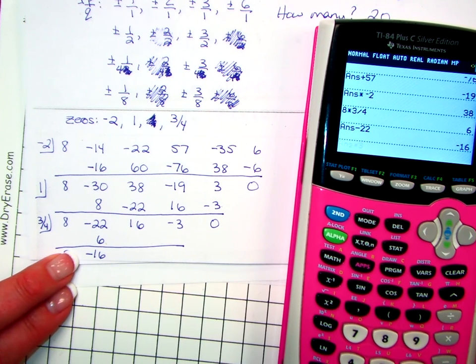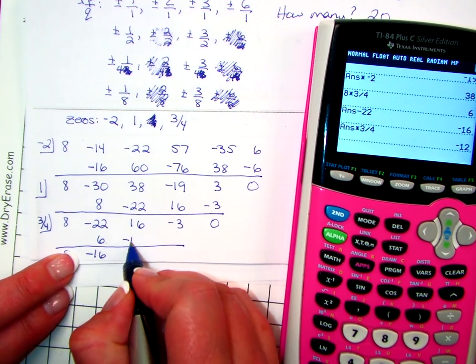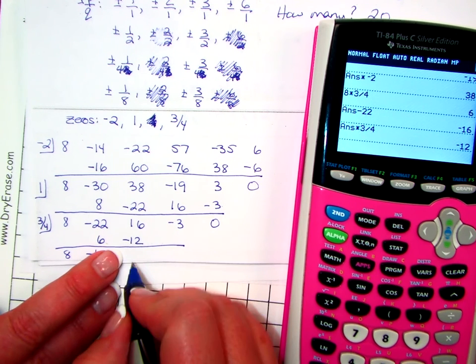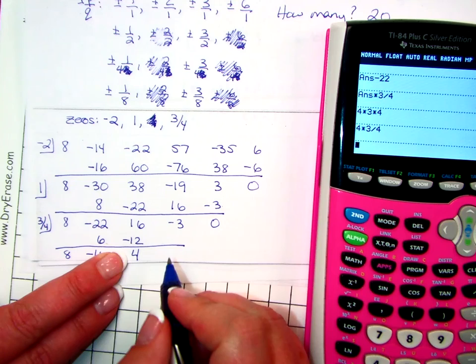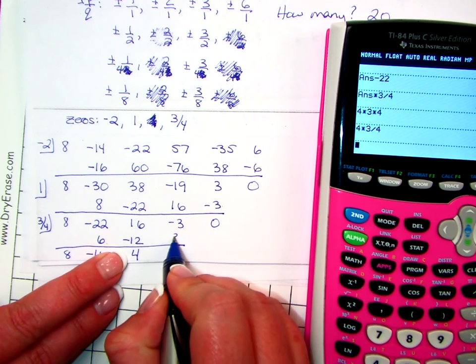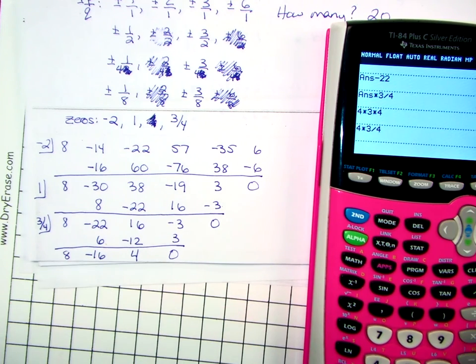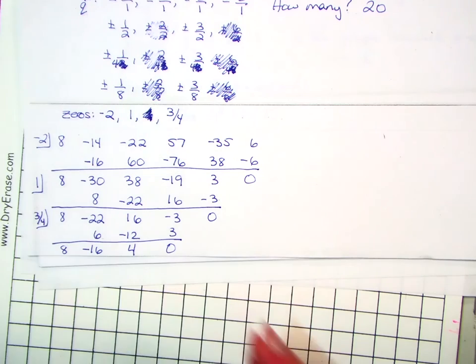Multiply times 3/4. Get -12. Add down. Get 4. Three-fourths times 4 is 3. I should have known that. Add down. Get 0. Okay.